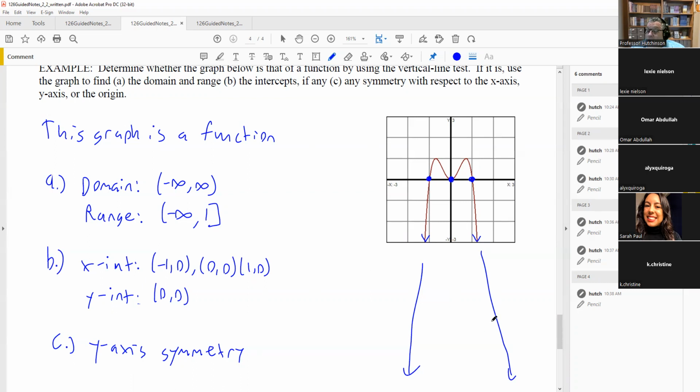Because of that reason, it's going to keep getting wider forever. So all the x values it's going to use is between negative infinity and positive infinity. It never goes completely vertical. We don't have that situation. It's getting wider and wider as it goes down. That's why we're saying that the domain is going to be from negative infinity to positive infinity. It's going to use all the x values on this.